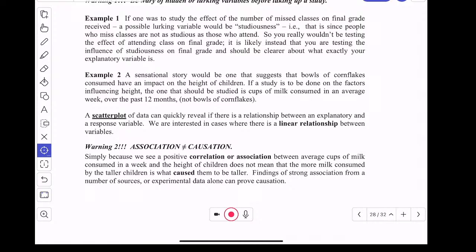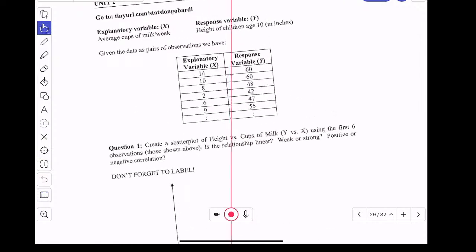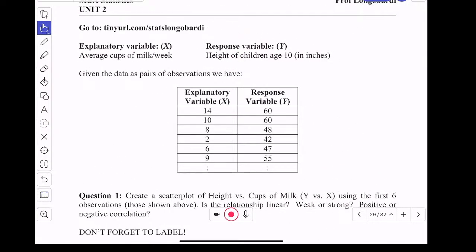So I just use as an example some data. I just made it up. It's not actual data. On children age 10, the number of cups of milk that they drink or consume a week, and their height. And there looks to be a relationship between the two.